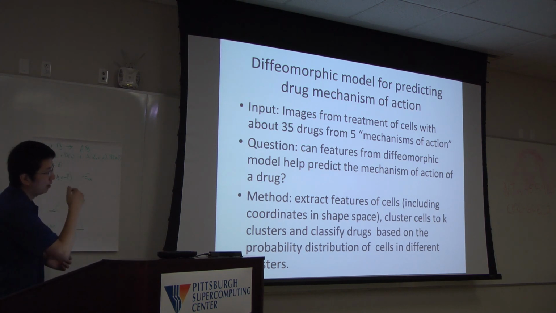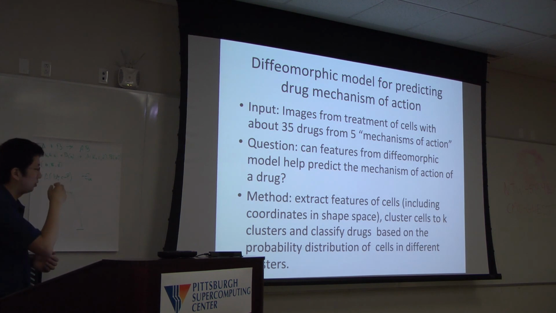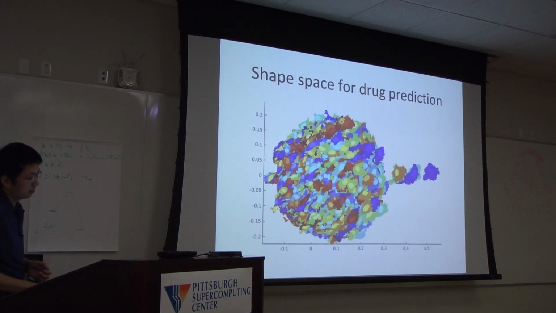Then for each drug, the feature is the probability distribution over the clusters, and we can use the feature to classify the drugs.